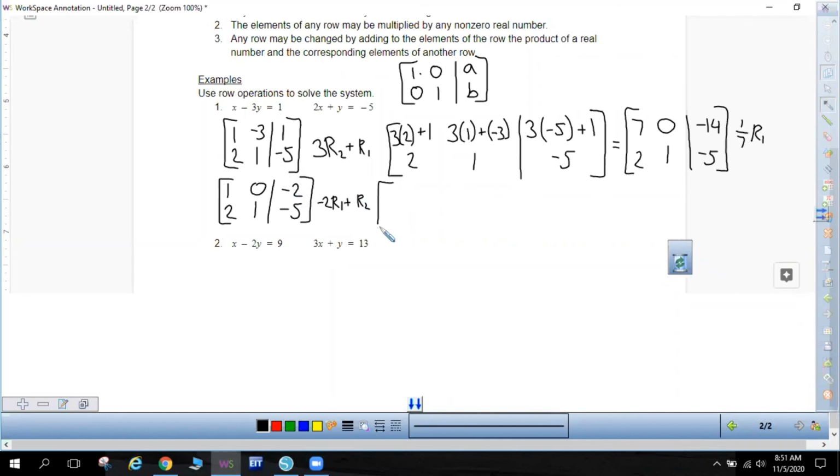Okay, so let's do that math. The first row is not changing. We're only using the first row to help us change something in the second row. So the first row is still going to be 1, 0, -2. The second row is -2 times row 1, which would be 1, plus row 2, which is 2.